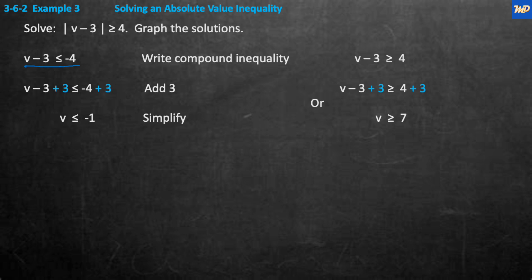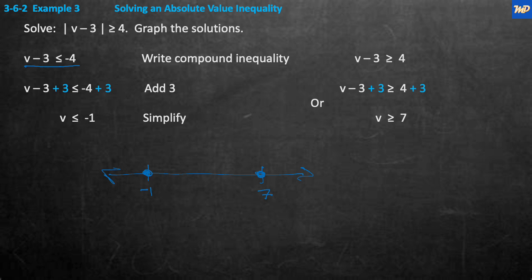Oh, we want to graph it too. So to graph it, we're going to have arrows on both sides, and you're going to get a number here. We're going to call that 7. And on this side, we're going to call this negative 1. We got a dot for the equal on both of them.